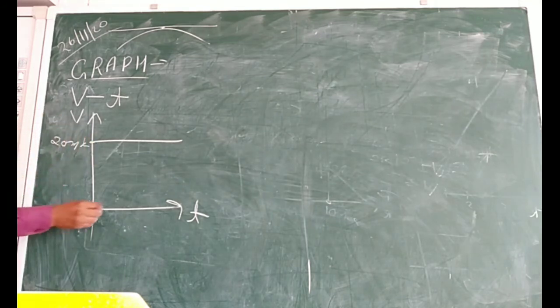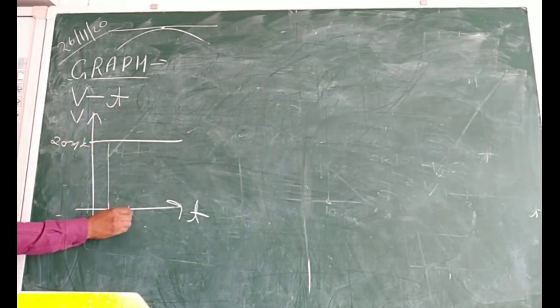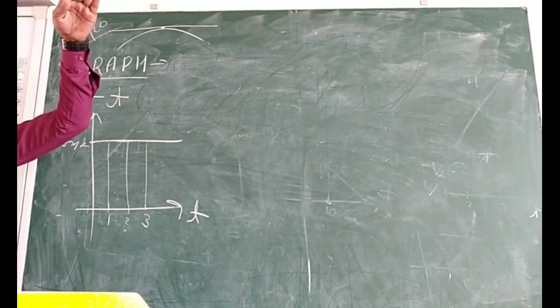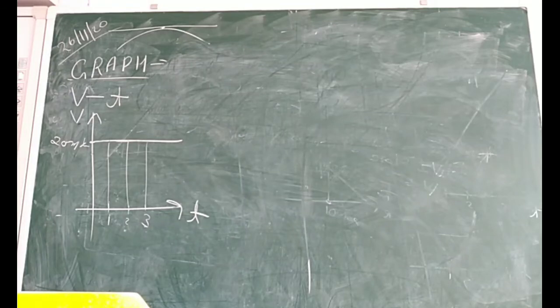At time 1 second the velocity was 20. When the time is 2 seconds, again the velocity was 20 meter per second. When the time is 3 seconds, again the velocity is 20 meter per second. Means velocity is not changing. Then you will say that body is moving with constant velocity.